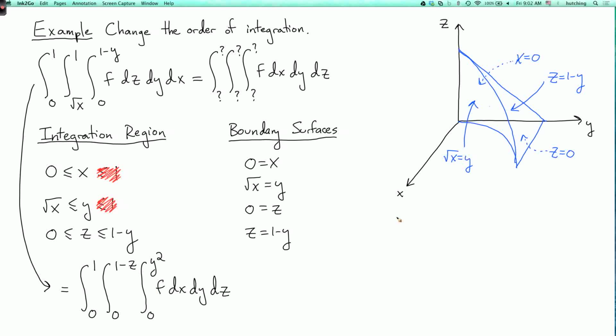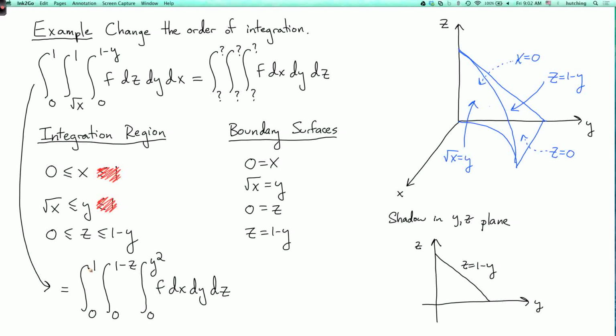So we could look at the shadow of this region in the YZ plane. So that's a triangle like this, where this is the line z equals 1 minus y. So z is going from 0 to 1.